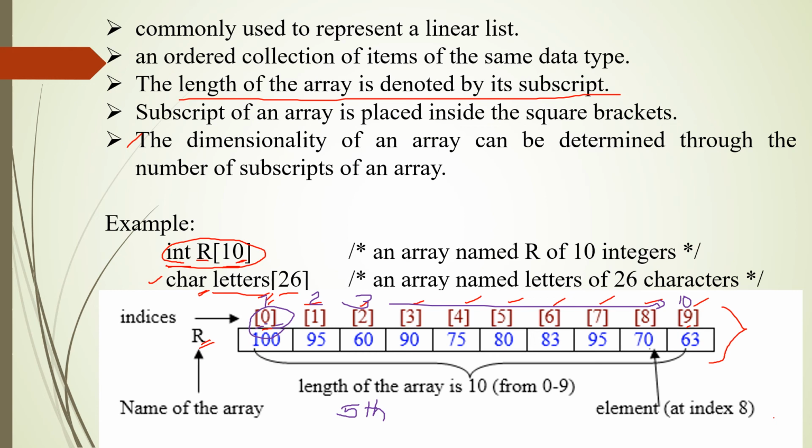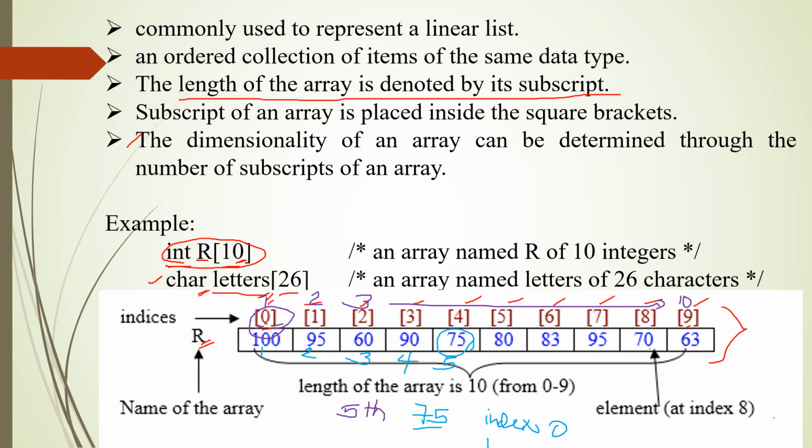The fifth element would be 75, if the index starts at index 0. Why? Because 100 is the first element, the second element is 95, the third element is 60, 90 is the fourth element, and 75 is the fifth element.